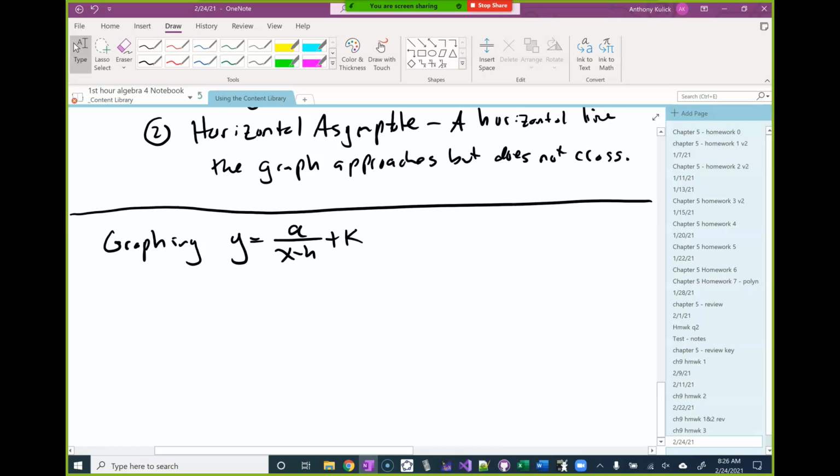So we'll talk about graphing the simple rational function in each one of these two forms. So the first thing that we need to do is find that vertical and horizontal asymptote. I abbreviate those as VA and HA because so many letters.